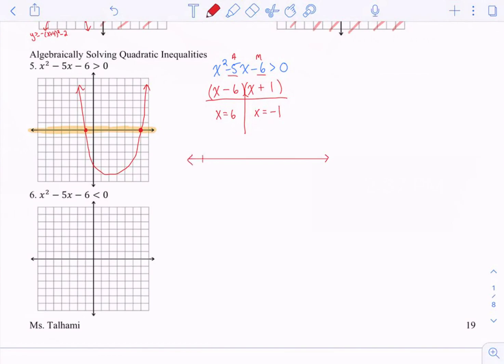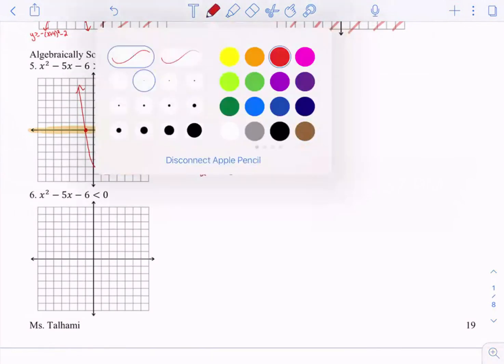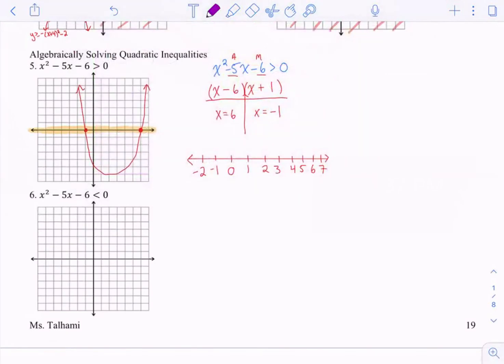So I'm going to go from -2, -1, 0, 1, 2, 3, 4, 5, 6, 7. Now, because it's a greater than and not a greater than or equal to, if you remember, that means I have to have open circles at -1 and at +6.